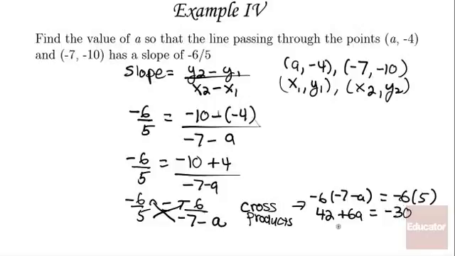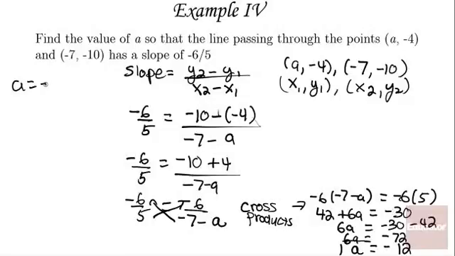What I want to do is solve for a, so I need to subtract 42 from both sides so that I can isolate the variable. And that gives me 6a equals minus 30 minus 42, which is minus 72. Finally, divide both sides by 6, and that's going to end up giving me negative 12. So after all this, I was at last able to determine that a is actually negative 12.